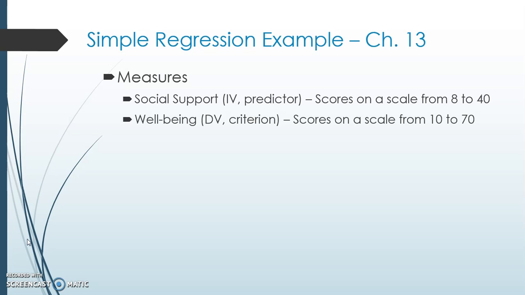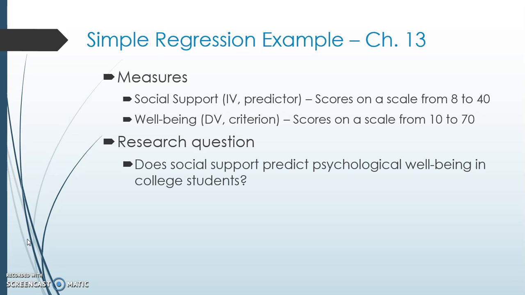There's a social support inventory that was used to measure the degree of support that college students received from their peers and others, and the total score on this inventory ranges from 8 to 40. The criterion variable, or the dependent variable, is well-being, and there's a separate instrument measuring that variable, and scores on that instrument range from 10 to 70.